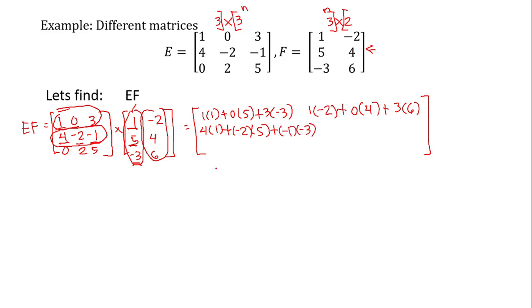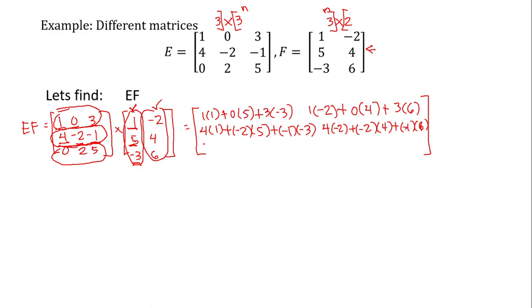Okay? Next, second row pa din tayo, second column naman. So, we have 4 times negative 2 plus negative 2 times 4 plus negative 1 times 6.